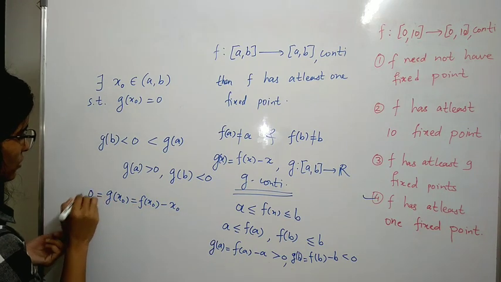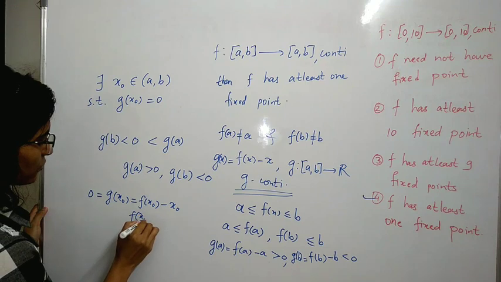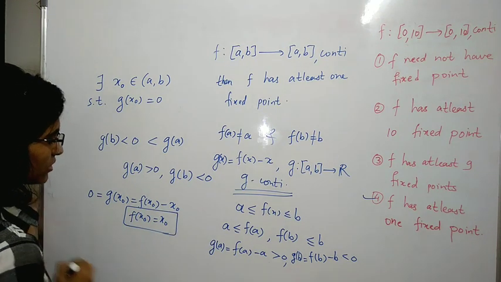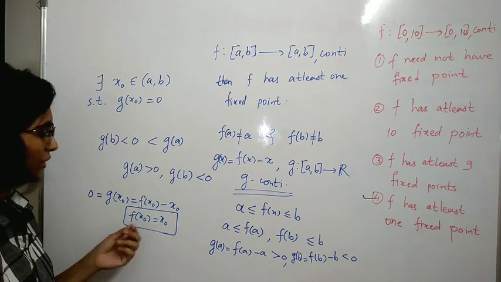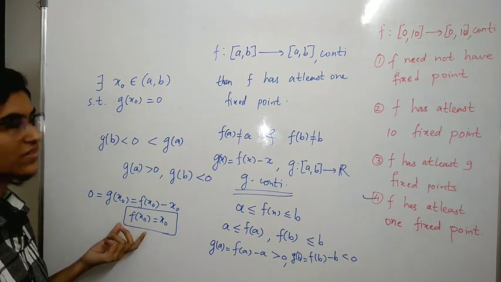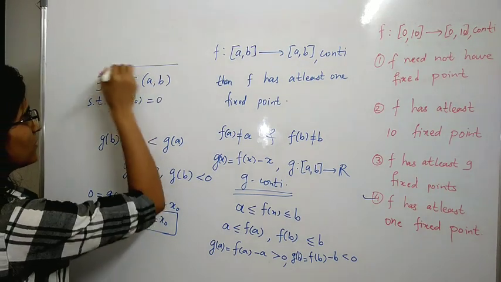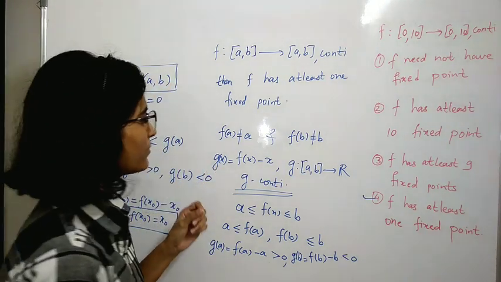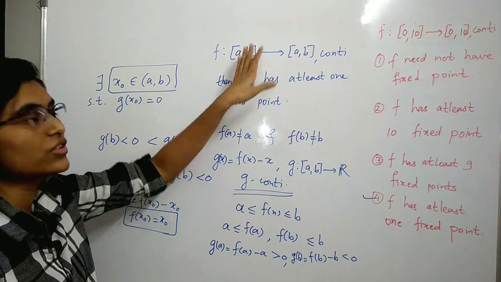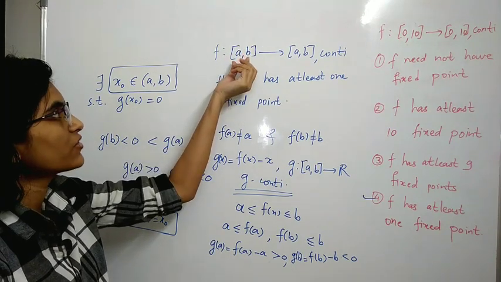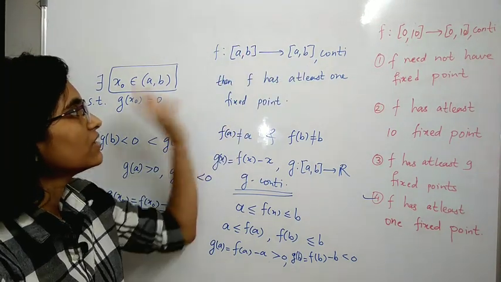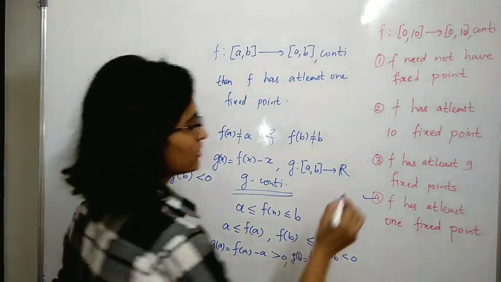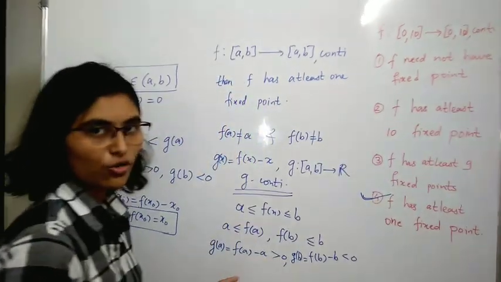And this is 0, so we have f of x naught is equal to x naught, right? That means x naught is a fixed point of the function f of x, and this x naught is in open (a, b), right? So whenever we have a continuous function f from closed interval [a, b] to itself, then this function has at least one fixed point, right? So this fourth option is the correct option.